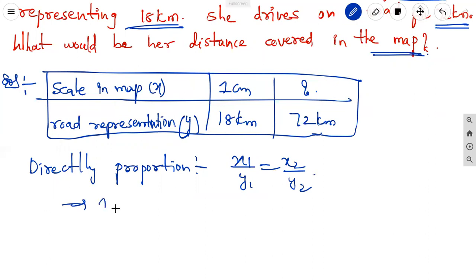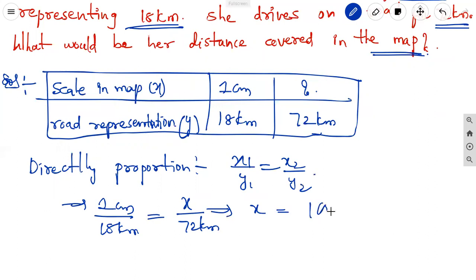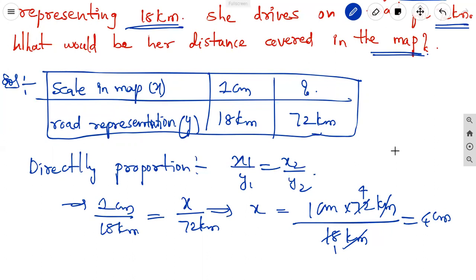Here 1 centimeter by 18 kilometer equal to x by 72 kilometer. From the cross multiply, x equal to 1 centimeter into 72 kilometer by 18 kilometer. Kilometer cancel. Here 18 4s are 72. Okay, 1 centimeter into 4 is 4 centimeters. So here the answer is 4 centimeter.